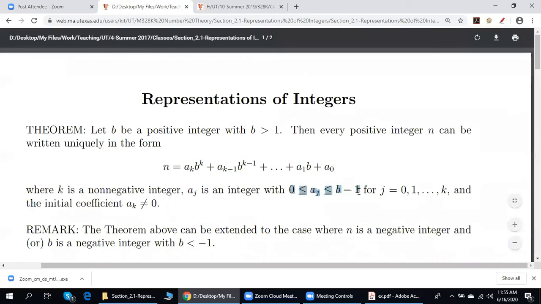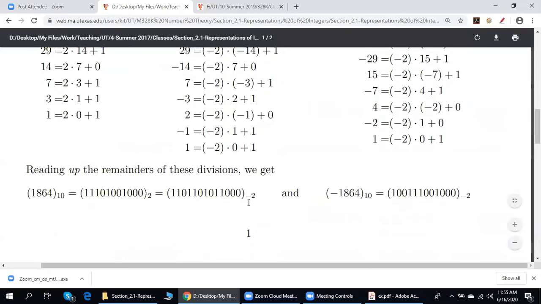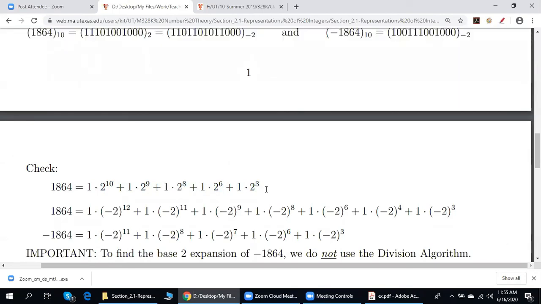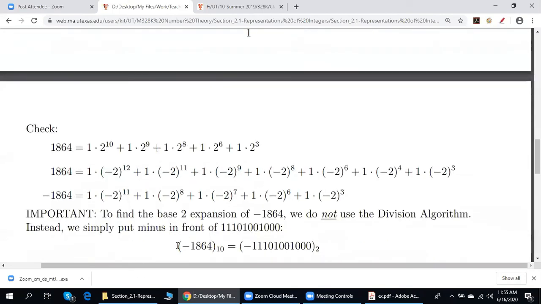According to this, we cannot write a negative number as a combination of positive numbers. So, according to what is written here, negative 1864 is negative in front of this expression.